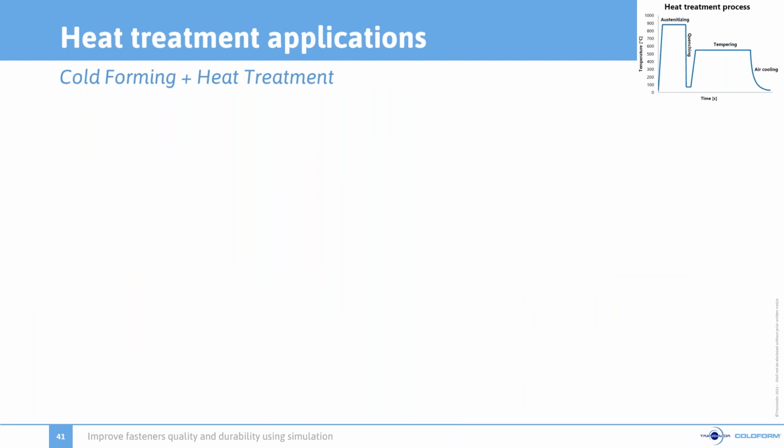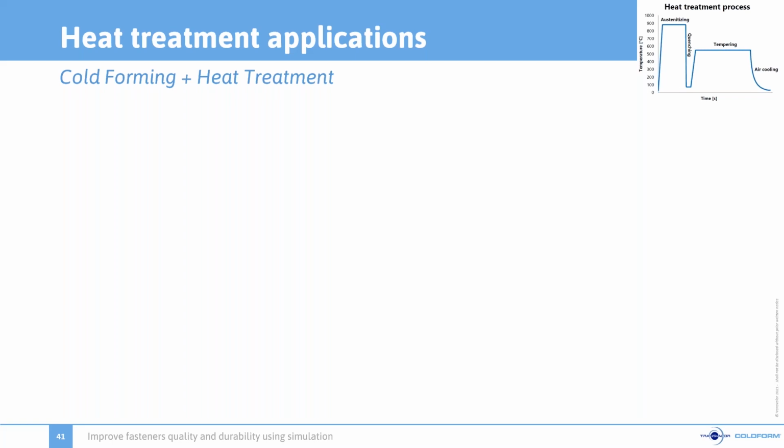Fastener products are widely used where high tensile stress and high fatigue resistance are the main design drivers. To obtain these properties, fasteners are quenched and tempered. SimHeat is our solution for modeling heat treatment.